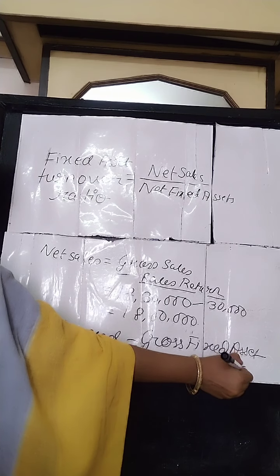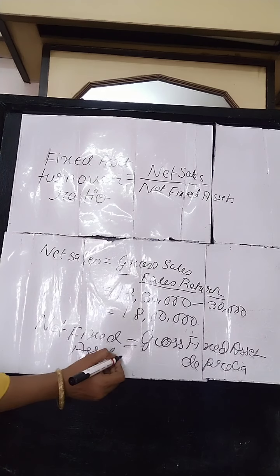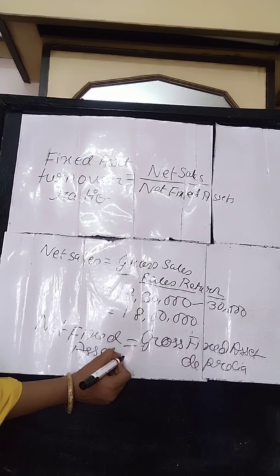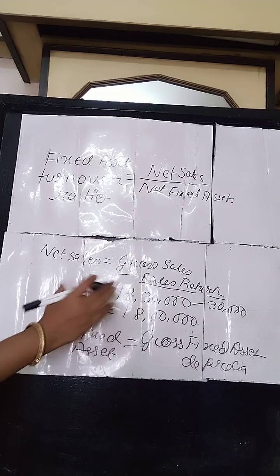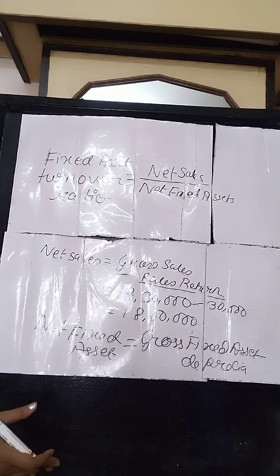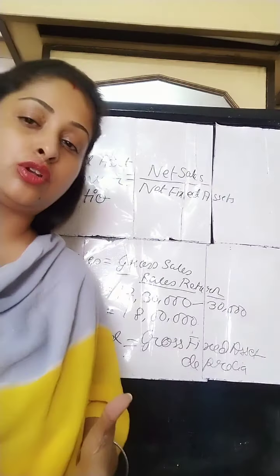If any depreciation is there, that is to be subtracted from the gross fixed asset to get the net fixed asset. Now suppose gross fixed asset is given 4 lakh, and depreciation is the total depreciation of all the fixed assets.